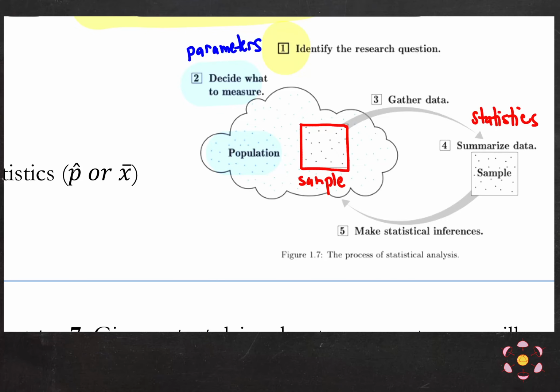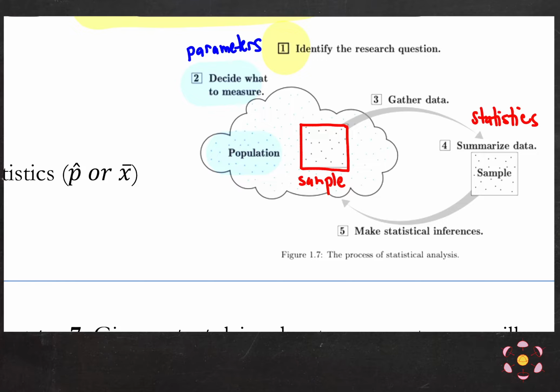We know lots of statistics we can compute, like proportion, mean, standard deviation, etc. We can summarize with a histogram, do one variable statistics, and this gives us a good idea about just the sample.